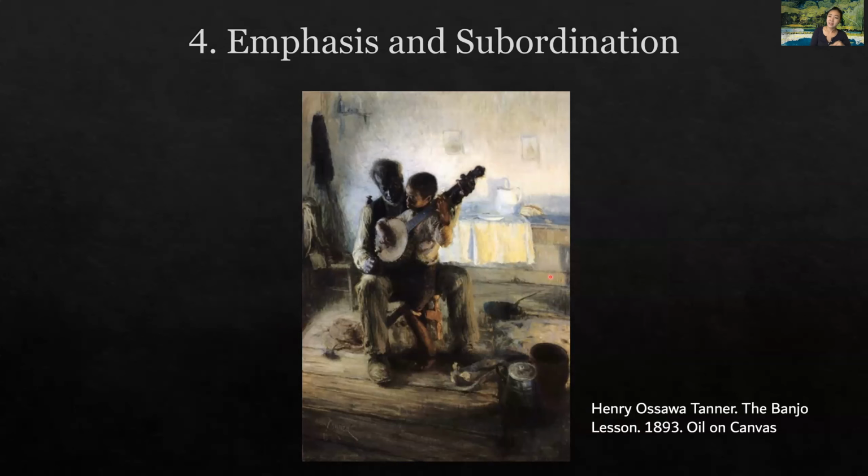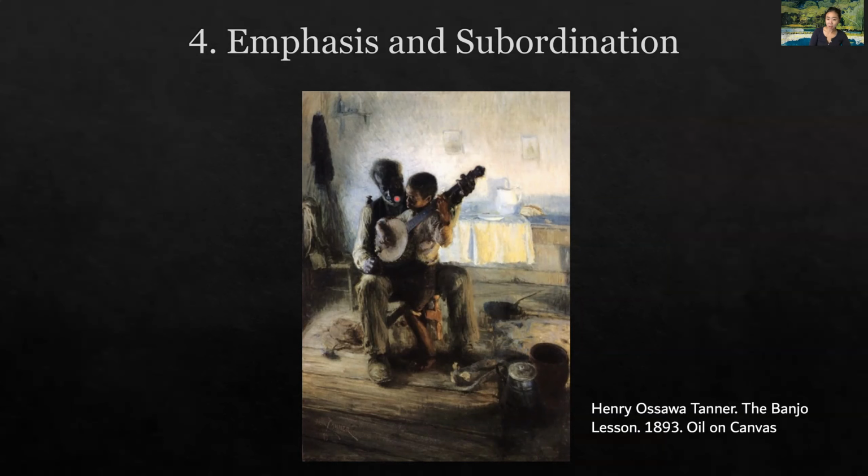All right, and next example. So where is the emphasis in this painting? So we can clearly see these two figures with the bright lights are emphasis, right?